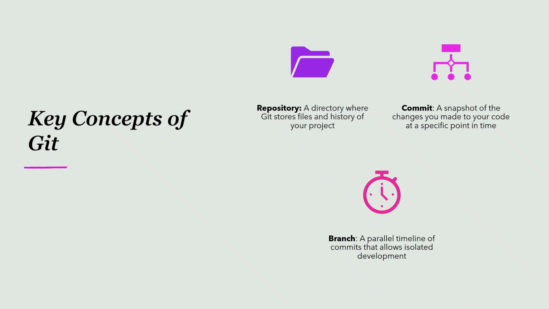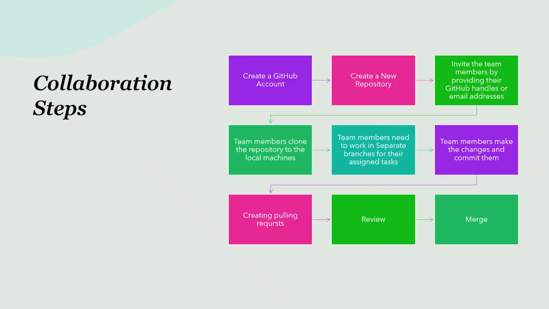We also have the commit as one of the key concepts of Git, which is basically a snapshot of the changes that have been made to the code at a particular point of time within the software development lifecycle.